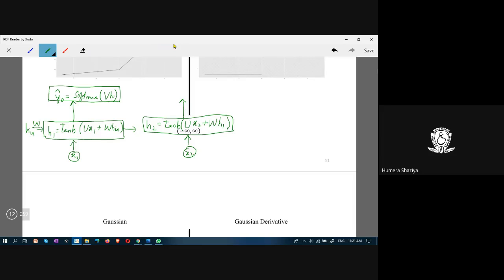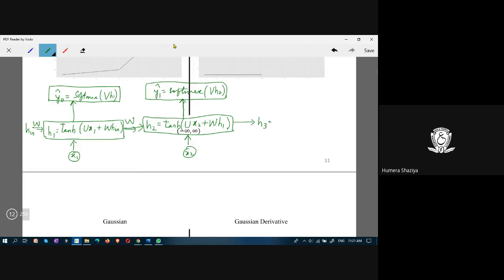Y1 hat is equal to softmax of V into H2. Here there is a weight W, here also there is a weight, and here also there is a weight.